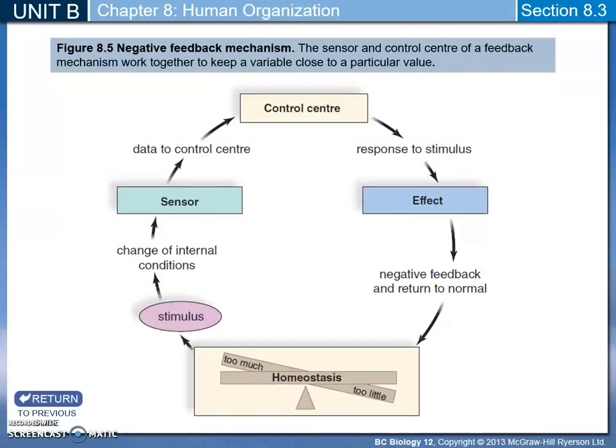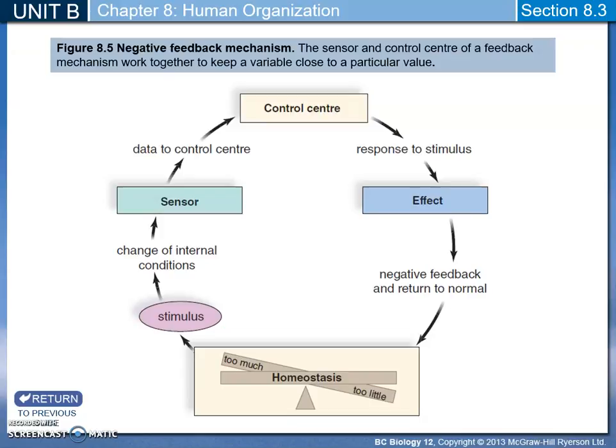So this is the basic mechanism of a negative feedback loop, where the sensor and the control center of a feedback mechanism work together to keep a variable close to a particular value.